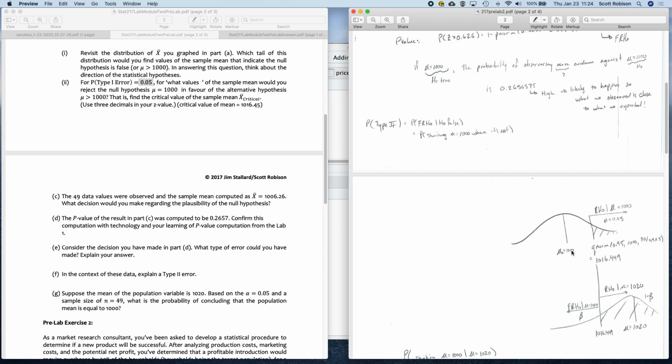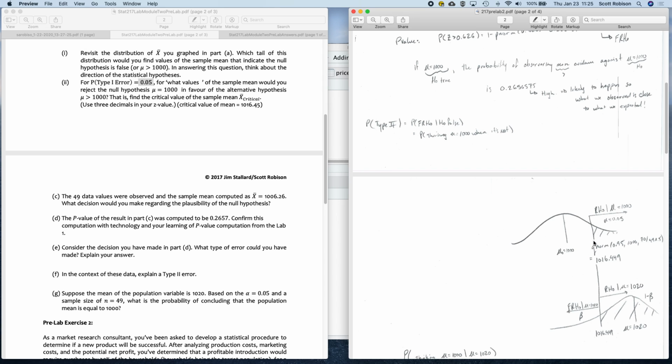Okay, so here we've got two separate curves. One curve is based on the null hypothesis, that is, that it is centered at the number that we had in the null hypothesis. And now a second curve that's saying, well, what if the truth was really 1,020? So another curve that is based on the center actually being 1020. Okay, so here on our null hypothesis, this is really what defines our decision rule.